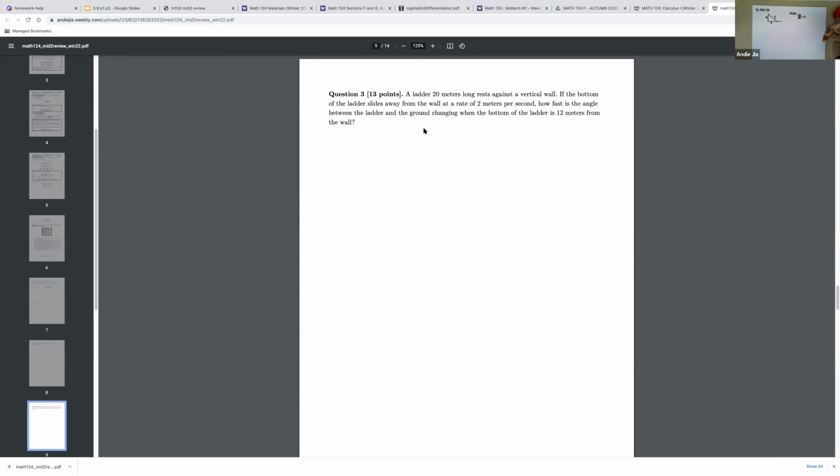And what we want is how the angle is changing, the angle between the ladder and the ground. So tangent of theta is y over x.